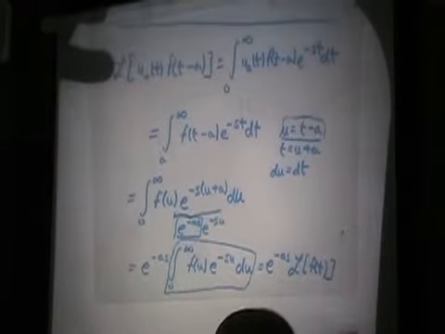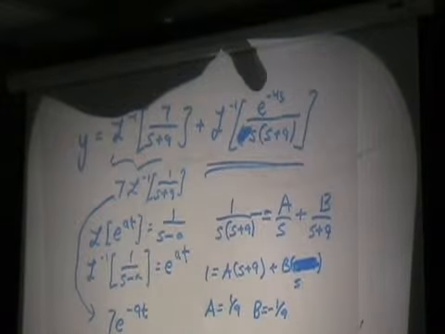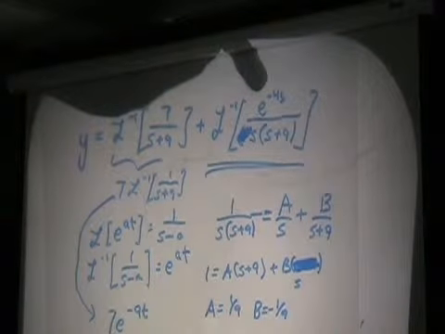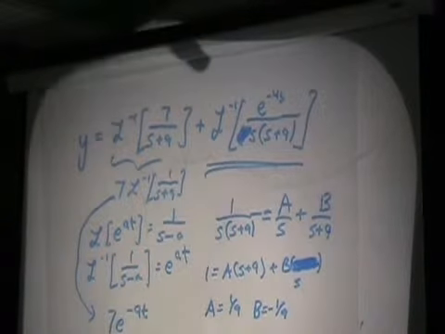That's useful because if you go back up here to the top, this e to the negative 4s is like the e to the negative as in front of that preceding identity. And the 1 over s times s plus 9 is like the Laplace transform of f of t down here.